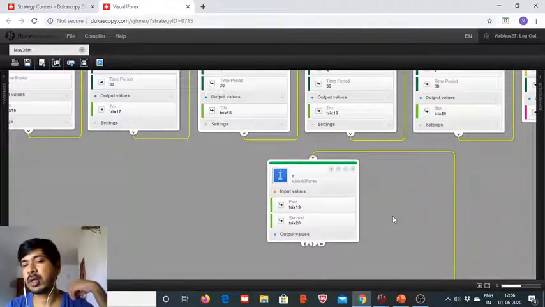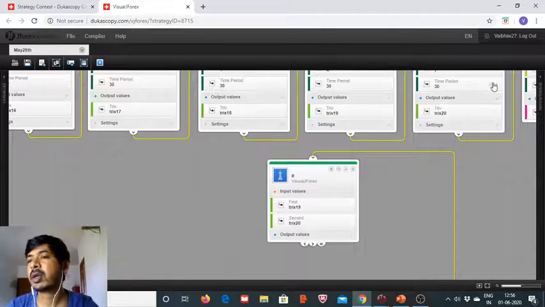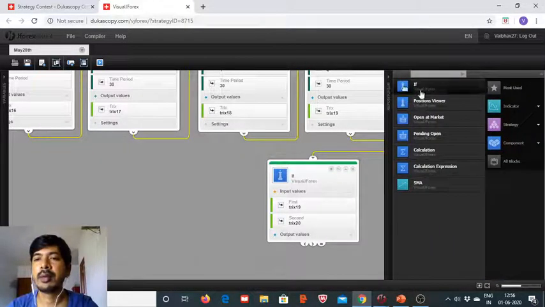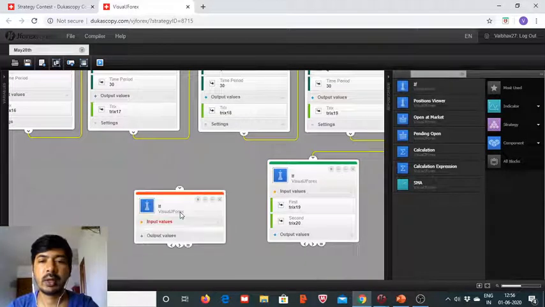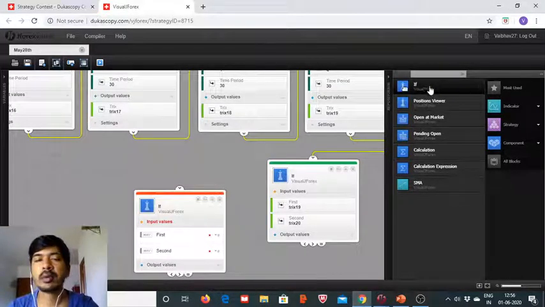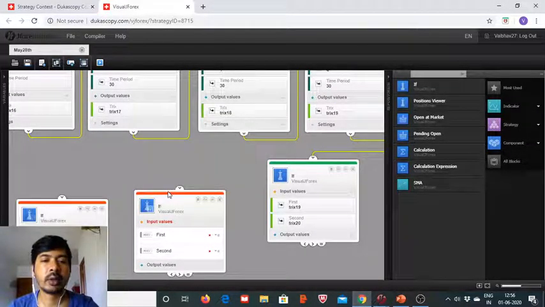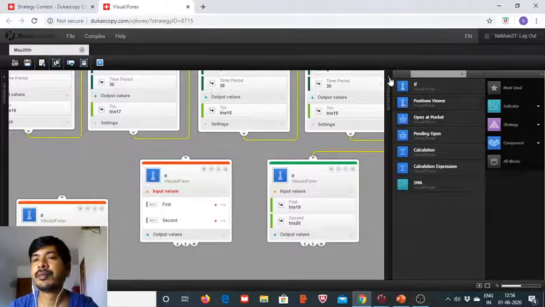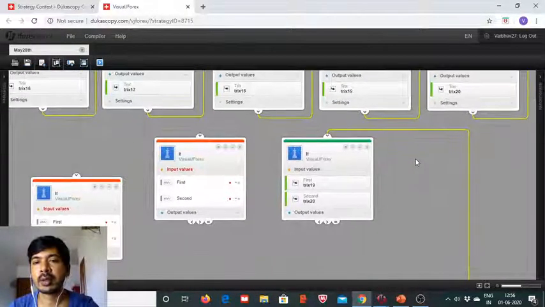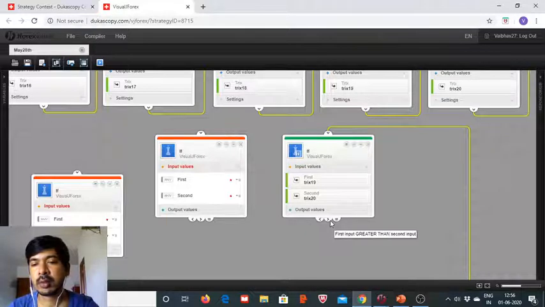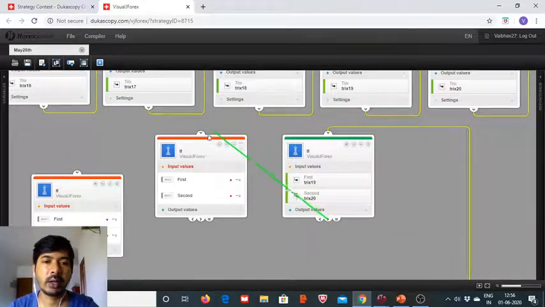And here that means TRIX 19 should be greater than TRIX 20, TRIX 19 first input greater than second input.